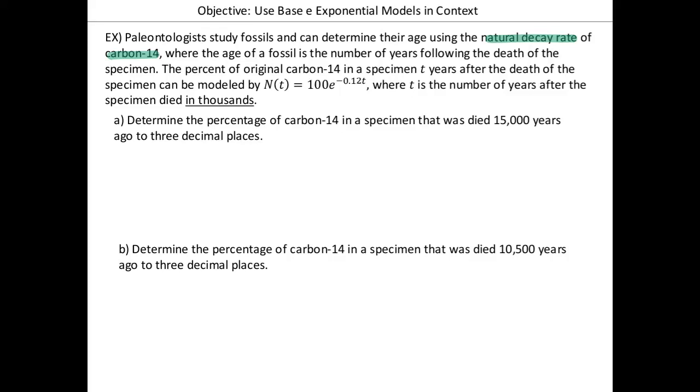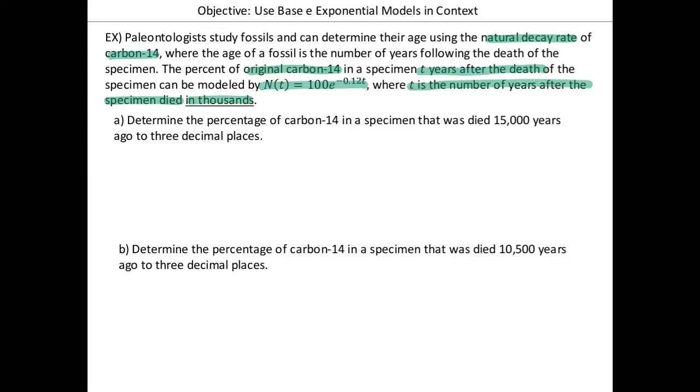So the percent of original carbon-14 in a specimen t years after the death of the specimen can be modeled by the function n of t. And it tells us specifically t is the number of years after the specimen died in thousands. Okay, t is in thousands.